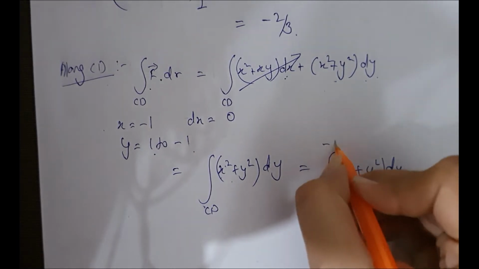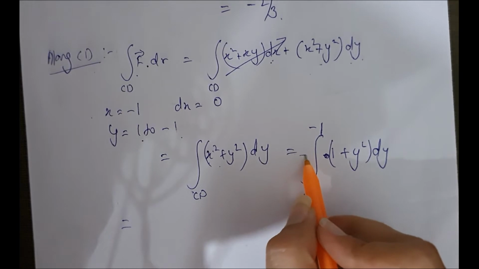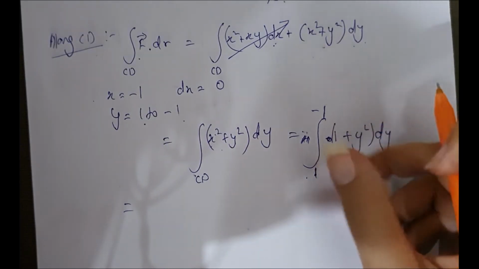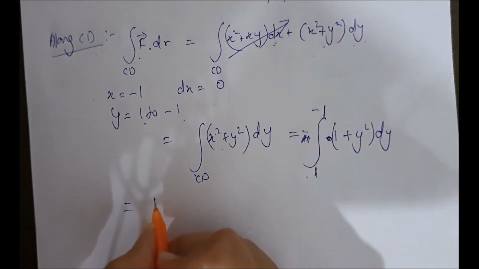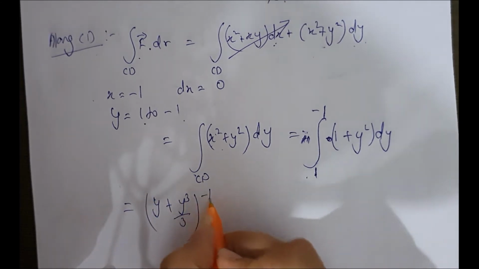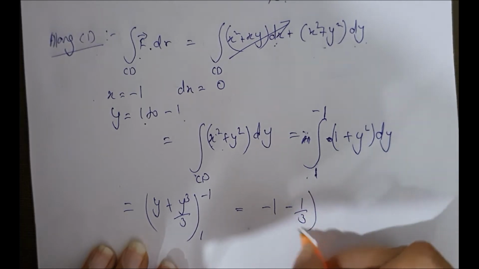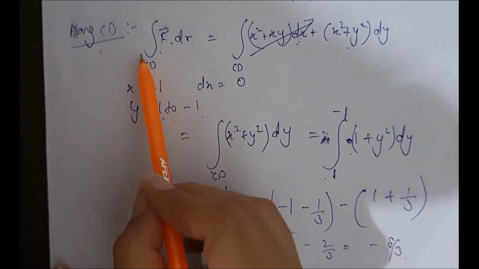You can do it from minus 1 to 1; for that just put a minus sign here. This is a property that we have studied in class 12th: if you have to reverse the limit, then you have to put a minus sign. So just integrate it. The value of the integral along CD comes out to be minus 8 by 3.